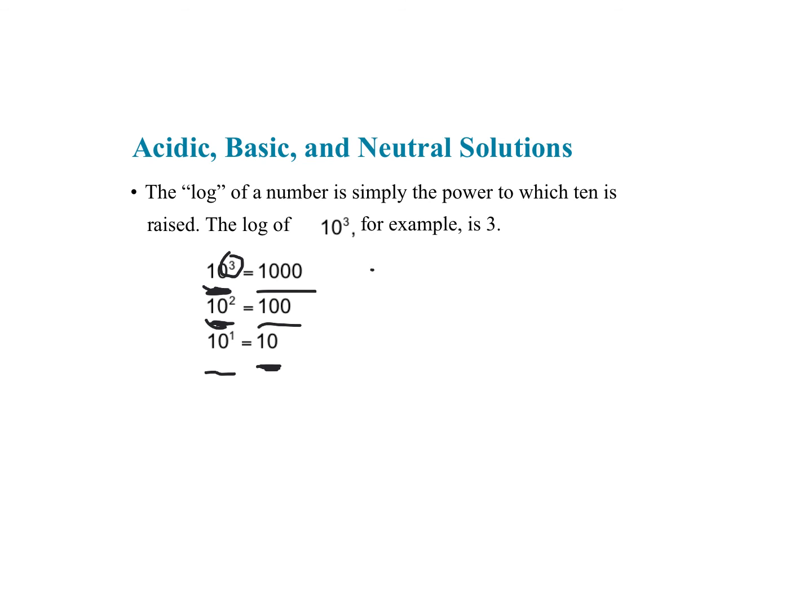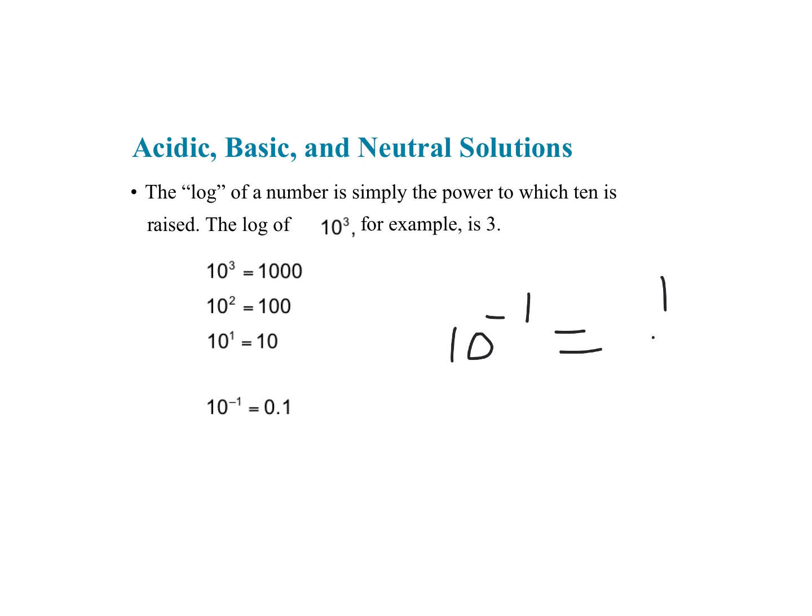So notice 10 to the third has 3 zeros. 10 squared is 100. It's got 2 zeros. And so if, instead of being given a number like 10 to the third, you're given a number like this, you can literally just count the number of zeros, and that will give you the log of that power of 10.